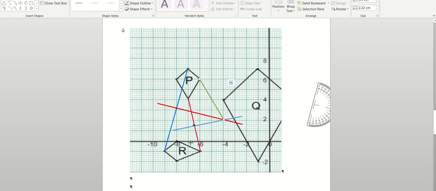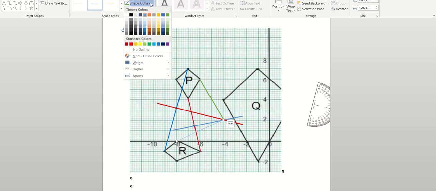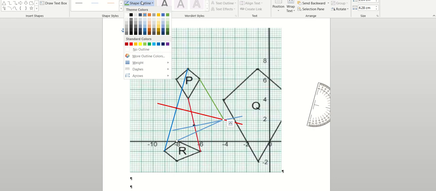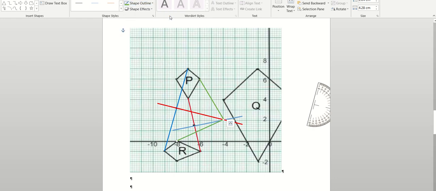So this line is corresponding with that first coordinate here. Let's put it on the screen. So these two points on P and R are corresponding points, right?